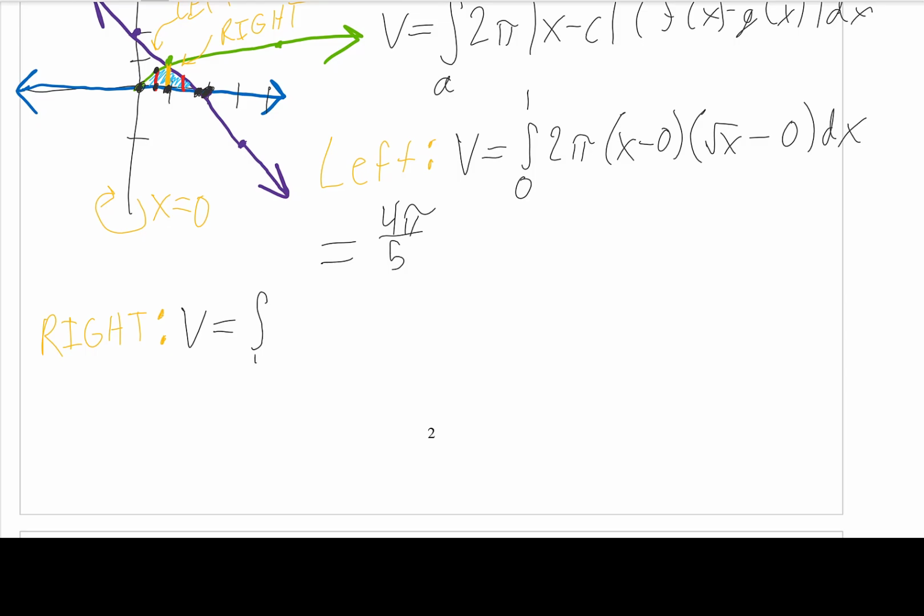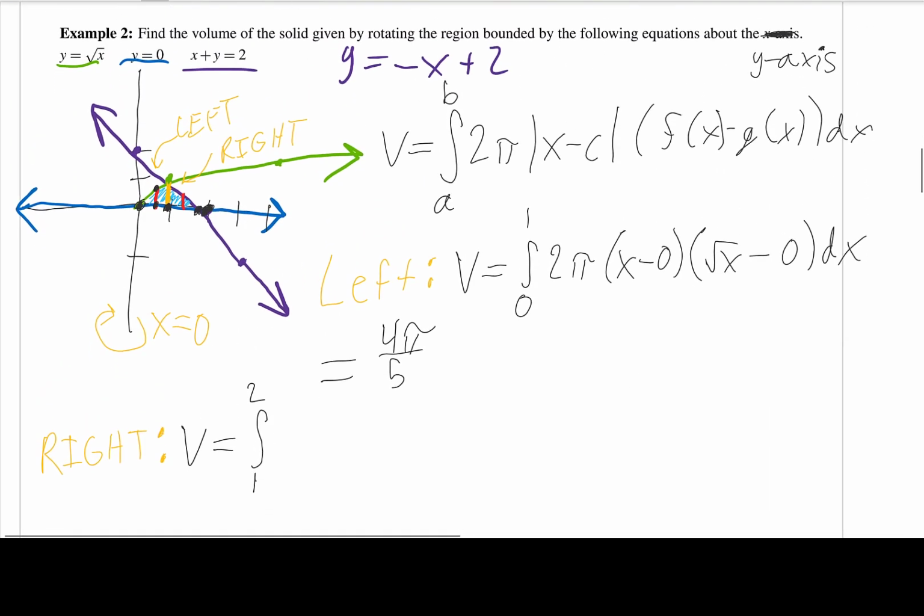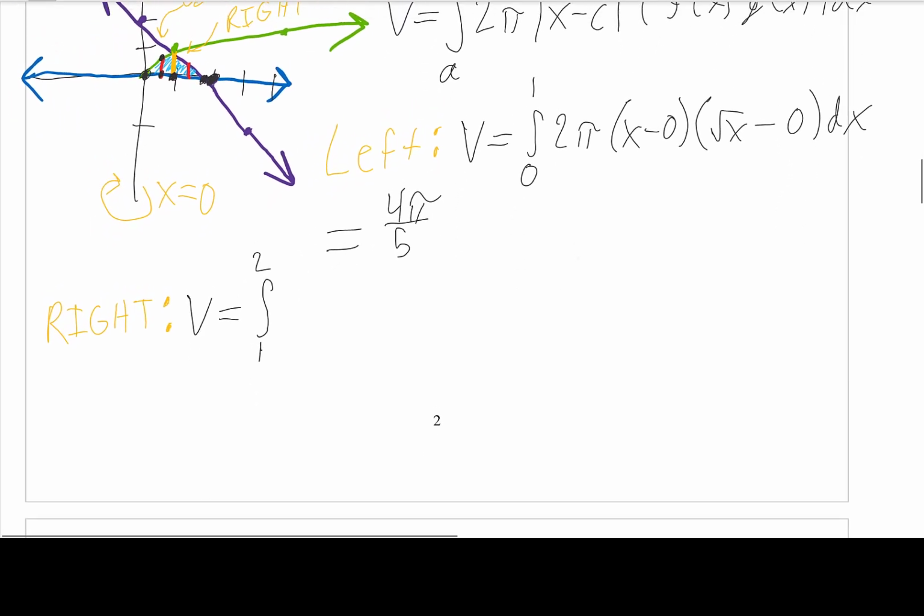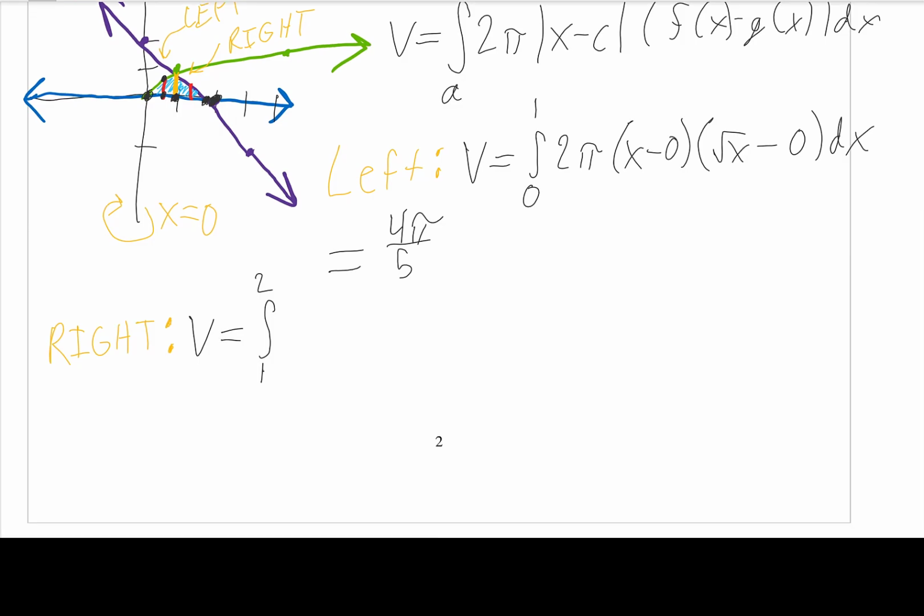So it should be going from 1 to 2, right? If your graph isn't perfect, then another way to do that is we take our equation for the purple line, which was negative x plus 2, set it equal to 0, and you'll see that x equals 2 is the solution to that. So that's why my upper limit is 2.